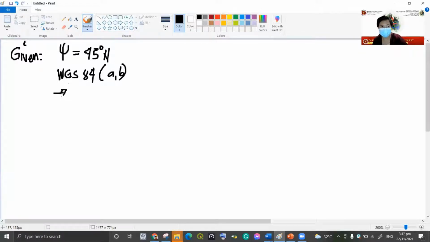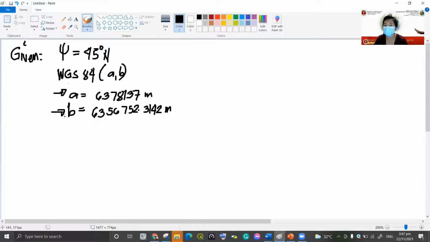As far as I remember, A is equal to 6378137 meters, and B is equivalent to, let me check if this is correct, 6356752.314. So take note of this WGS 84 parameter. This is the common parameter being used during the board examination.